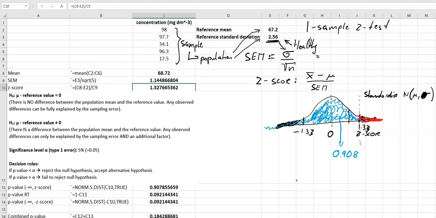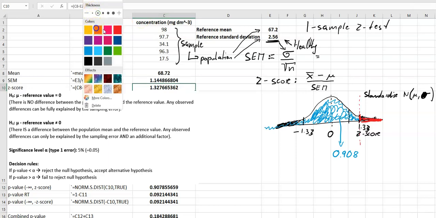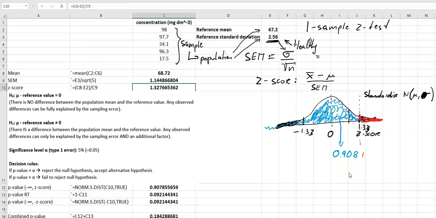Let's put it this way. And we can calculate the red part, therefore, as 1 minus 0.908, so that would be 0.092.